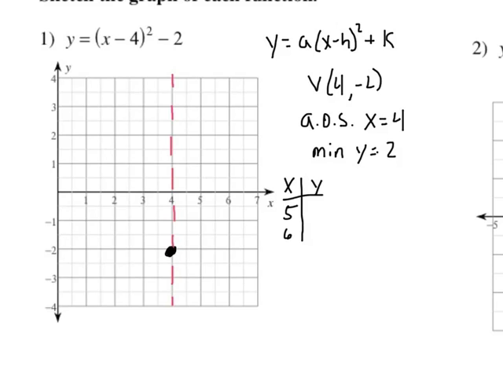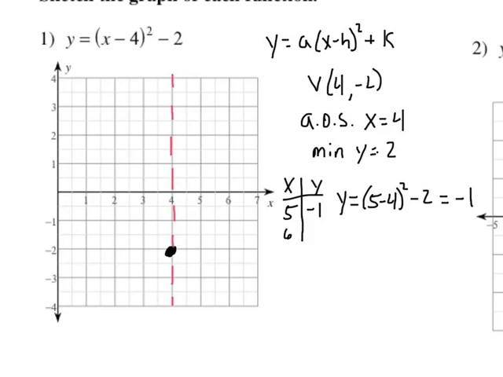So we take our x values and we plug them back into the original equation. So y equals (5 minus 4) quantity squared minus 2. What's 5 minus 4? 1 squared, 1 minus 2. So when x is 5, y is -1.